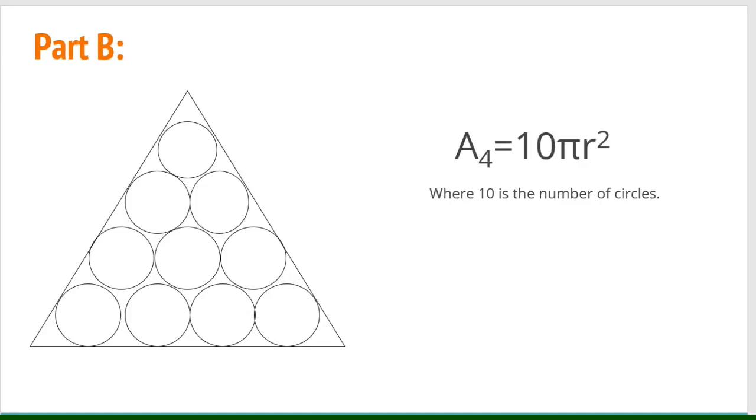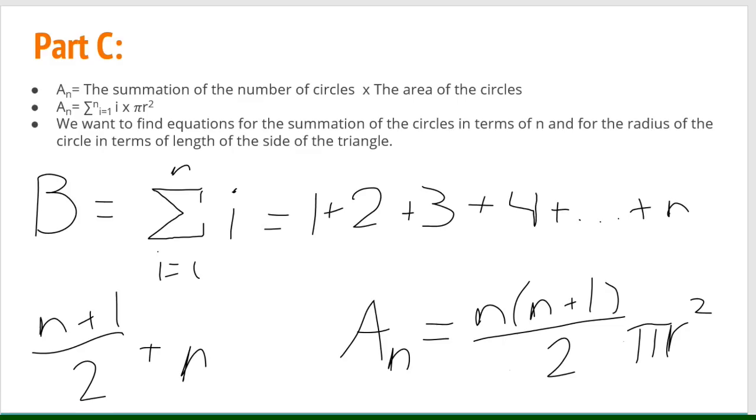If the summation from one to n is given as 1 plus 2 plus 3 plus 4 up to n, then we can have the summation of n as the average of the first and last values, n plus 1 over 2, times the number of values being added, n. So b equals n times n plus 1 over 2, and A sub n equals n times n plus 1 over 2 times pi times r squared.